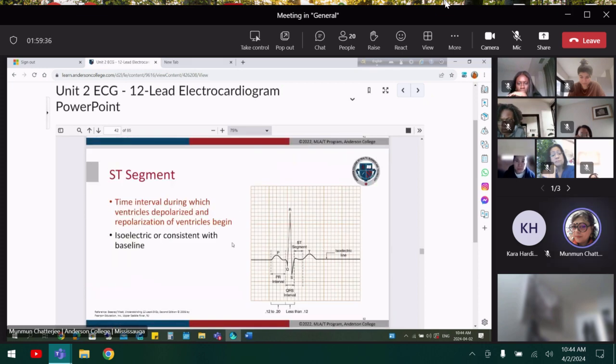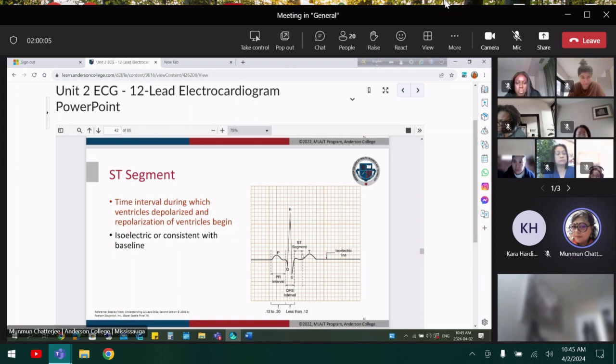So the ST segment is the time interval during which ventricular depolarization ends and repolarization of the ventricles begins. In the QRS complex, the ventricle depolarizes, meaning the ventricle contracts. Now the ventricle has to relax.